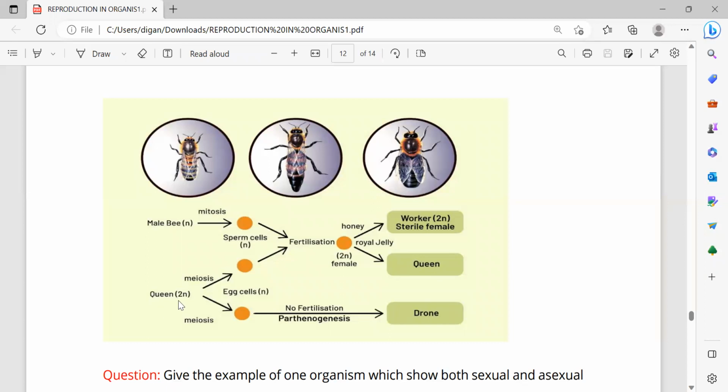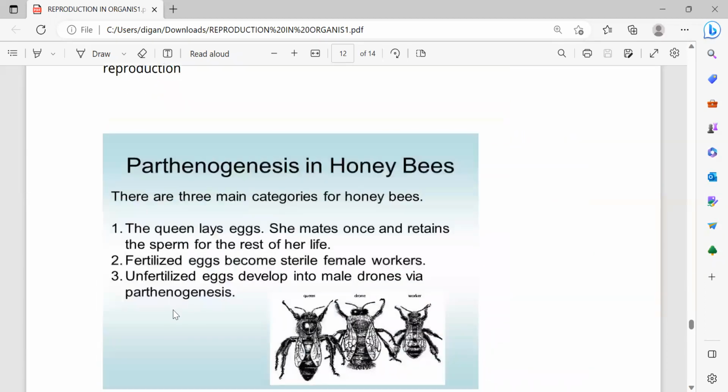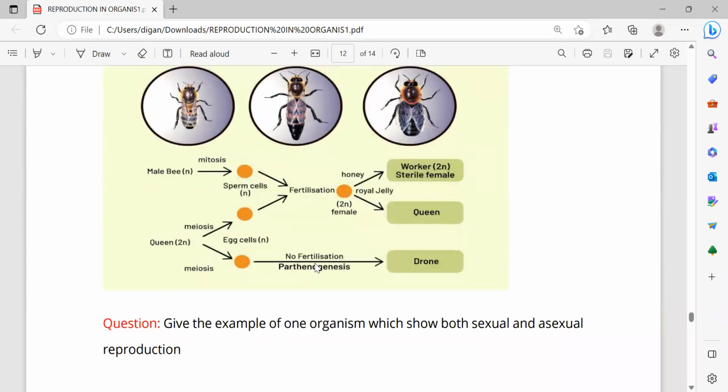The queen lays eggs and mates only once in her whole lifetime, retaining the sperm stored in her body for the rest of her life. After fertilization, the diploid structure always produces worker bees.